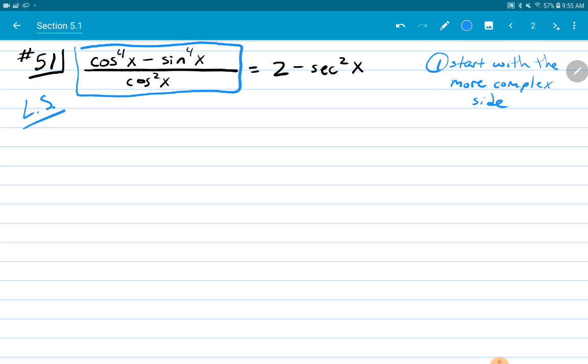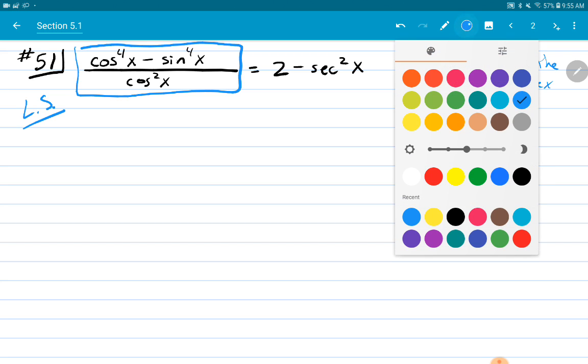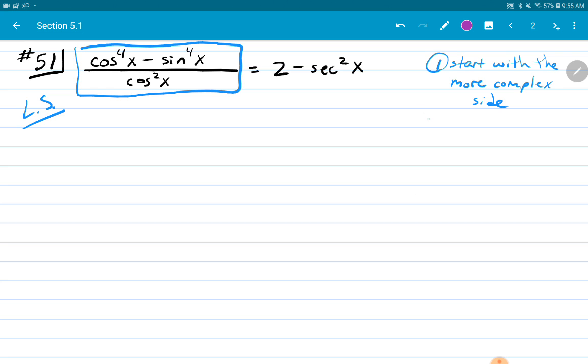And the first thing that jumps out to me is these powers of 4. I can break that apart in the fact that it's a difference, so that's a difference of 2 squares. So the second technique I use is factoring techniques.